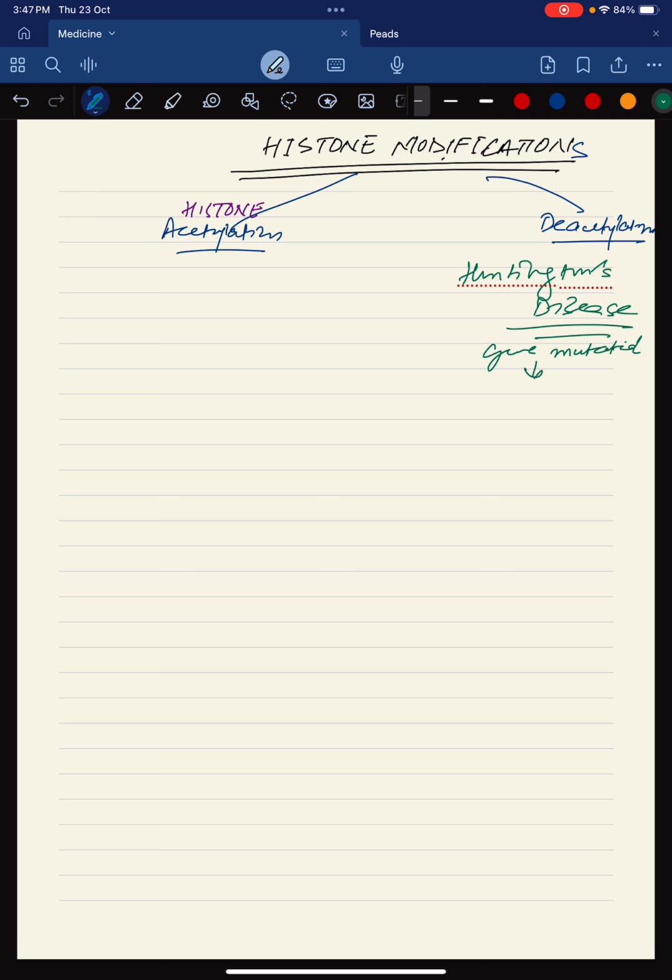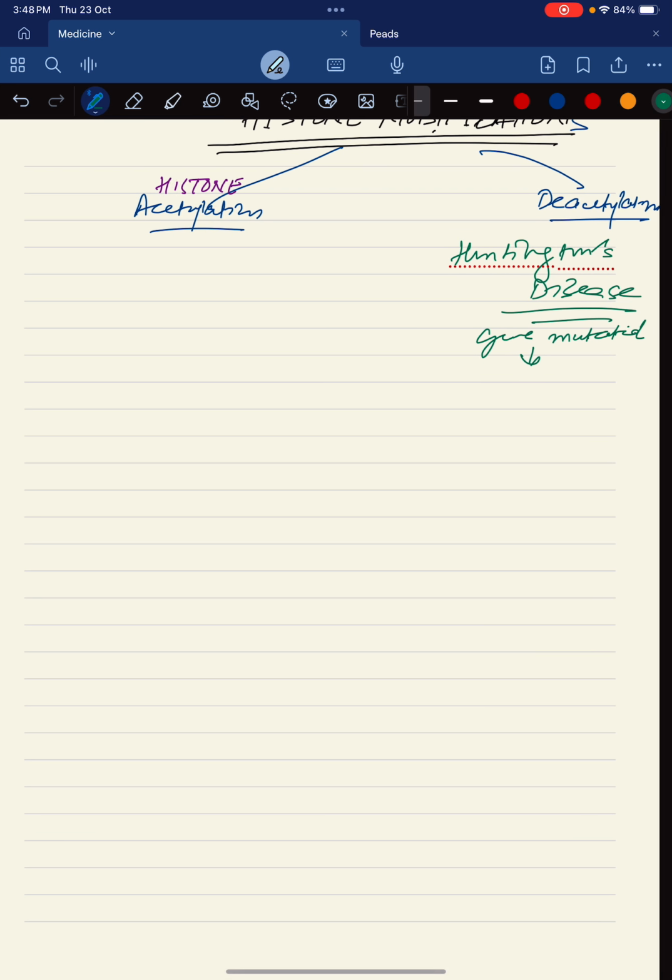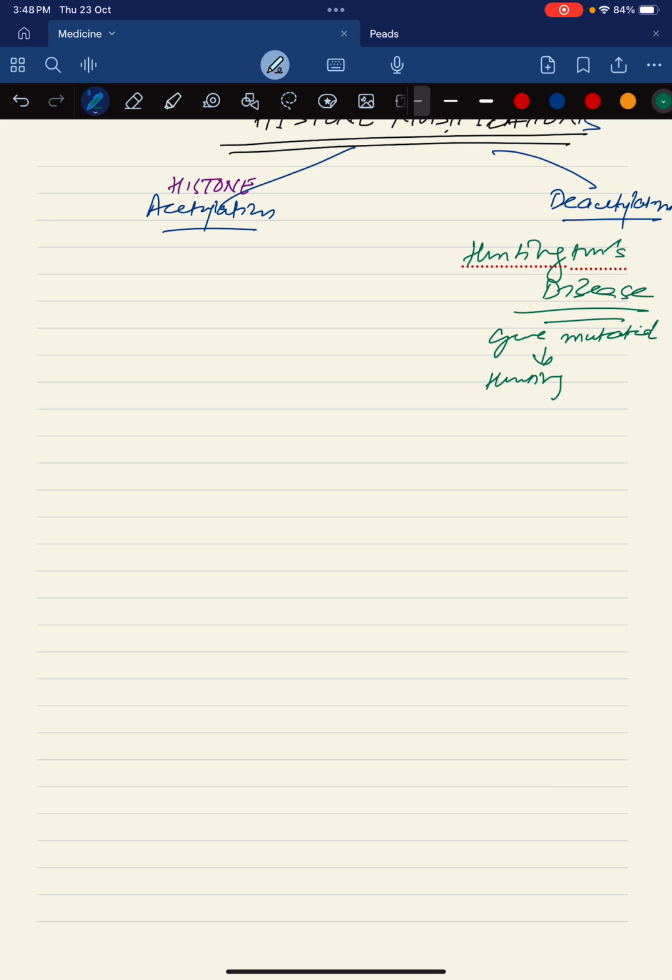And there is a formation of this Huntington's protein, a specific mutated protein. Now this protein comes up, and this protein is the culprit, right? It basically forms a specific binding protein.